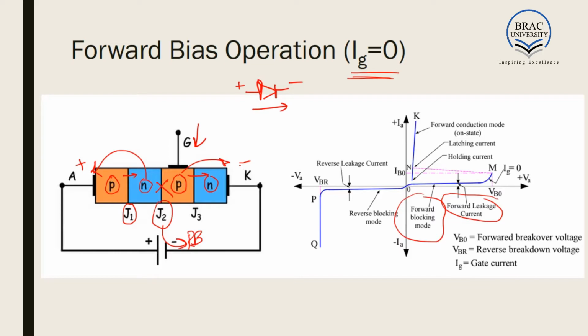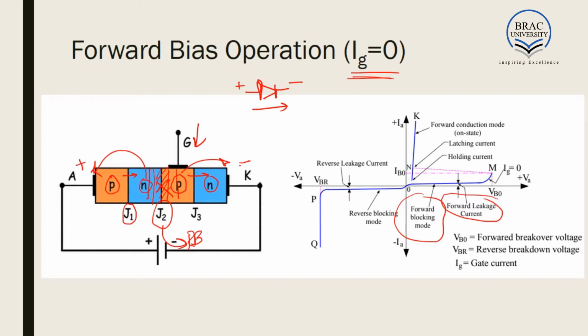Now what happens if we increase the voltage? If we continue to increase the voltage, since this is a reverse bias, what happens when we increase the voltage across reverse bias? The depletion region increases. As we increase the voltage, depletion region gradually increases more and more, and at one stage a time will come when this will go into the breakdown. So at high enough voltage, this junction will go into the breakdown.